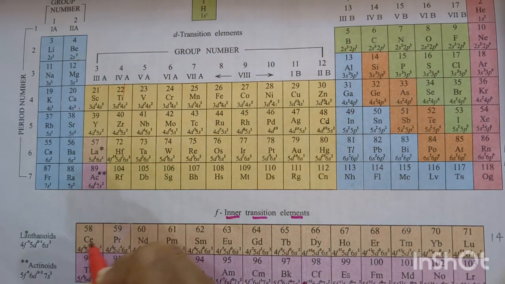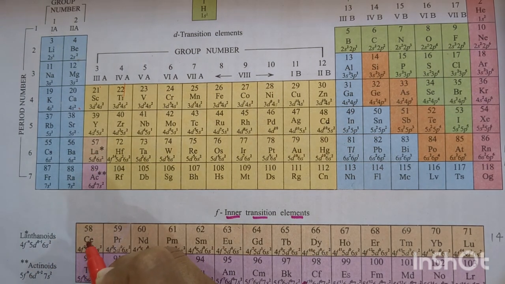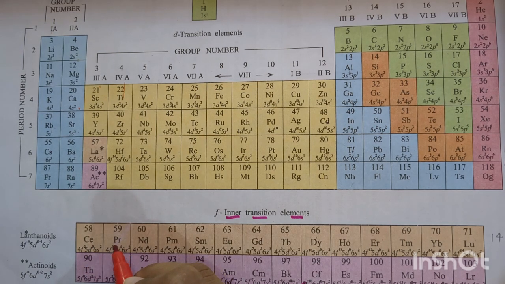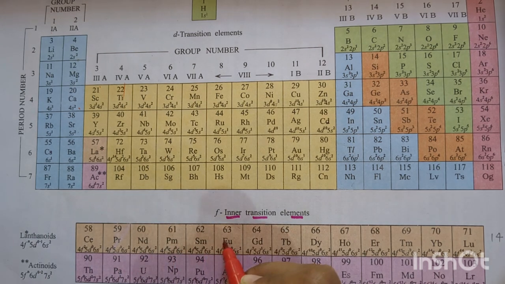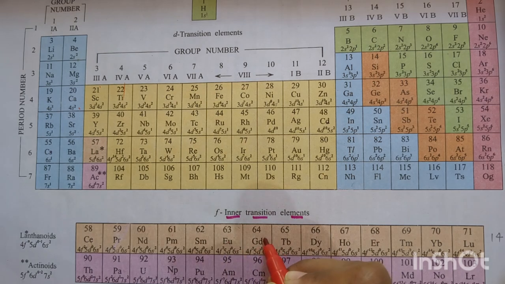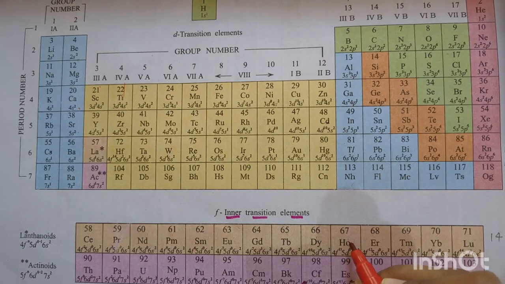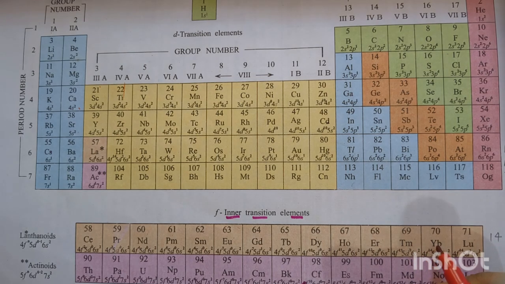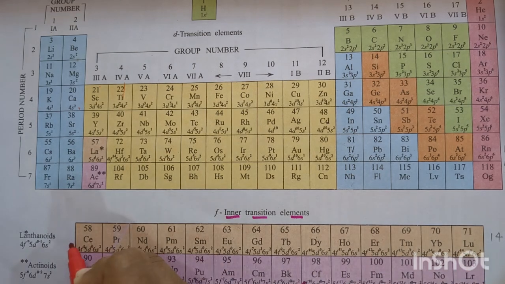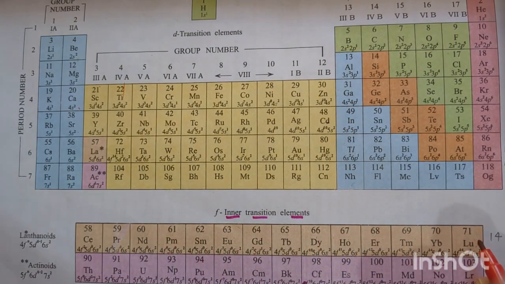Then the 4f inner transition series elements are cerium, praseodymium, neodymium, promethium, samarium, europium, gadolinium, terbium, dysprosium, holmium, erbium, thulium, ytterbium, lutetium. Please excuse me for the pronunciation. So these are the 4f inner transition series.